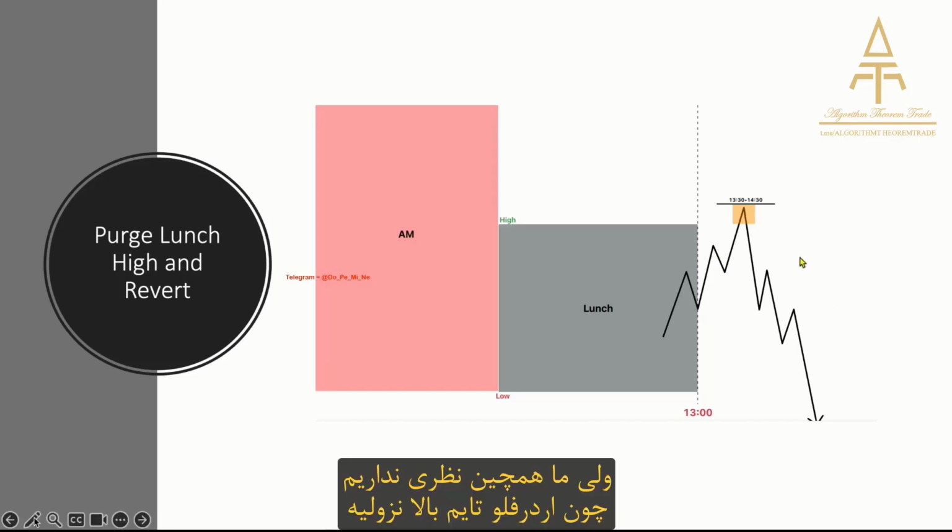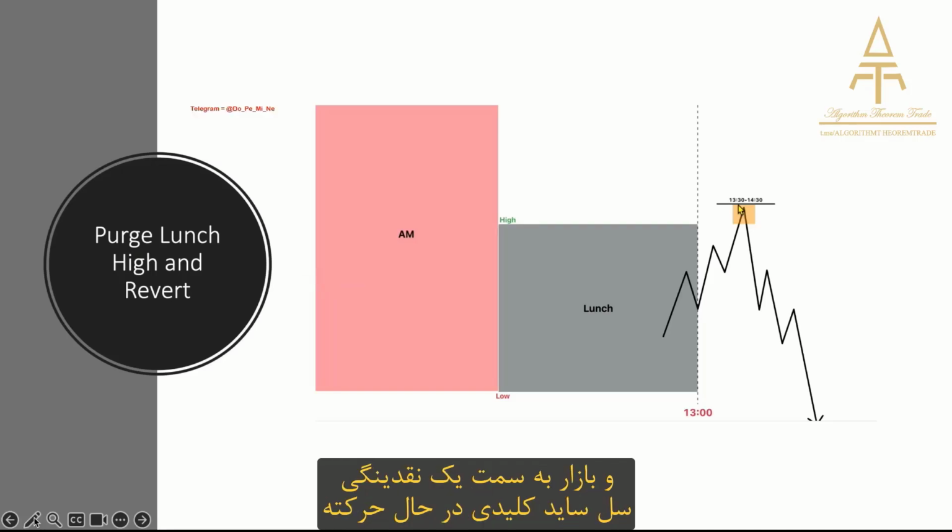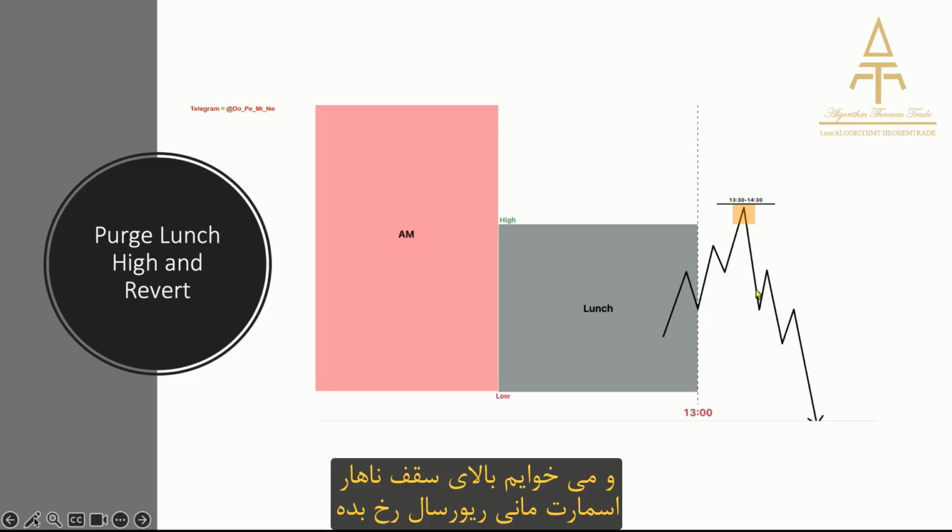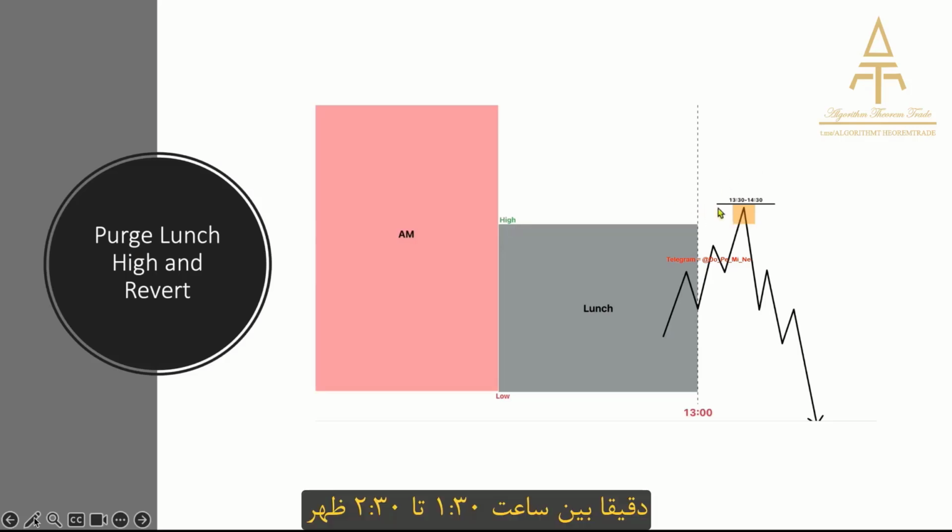We do not look at it that way because we know that the higher time frame order flow is bearish and that price is drawn towards a key sell side objective. Therefore, we are looking at this run higher as manipulation and we want to see a smart money reversal occur above the lunch high between 1:30 to 2:30 PM.